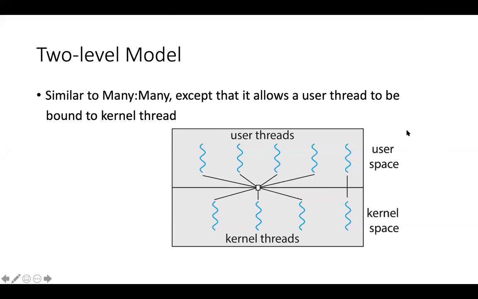Yes, someone is asking, is blocking the same as waiting? And yes, we could take it like that, especially if we are dealing with the operating system. Literally, when a process is blocked, it's kind of stopped.